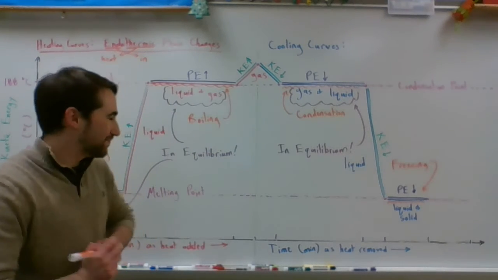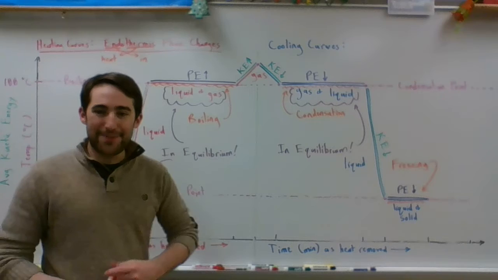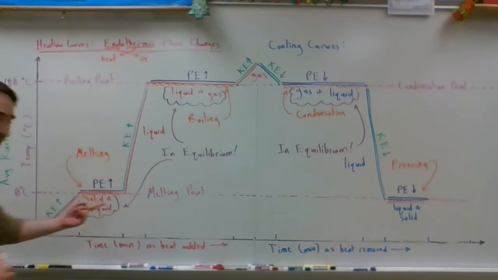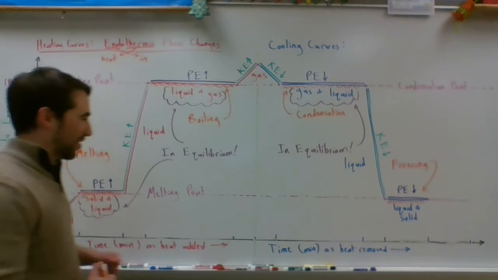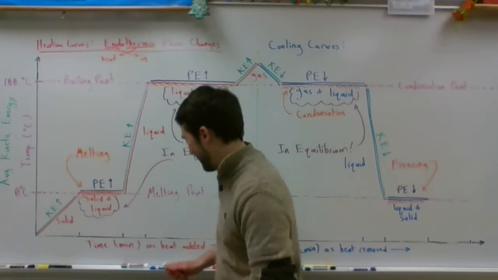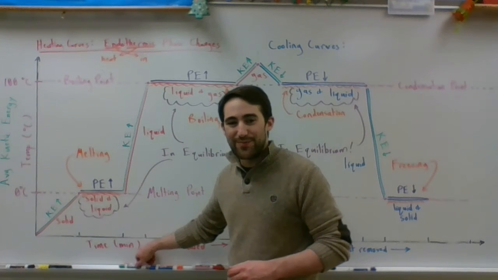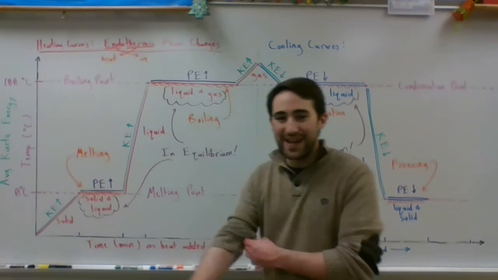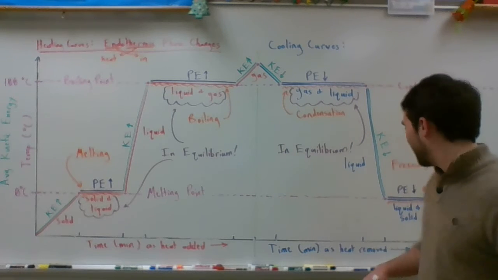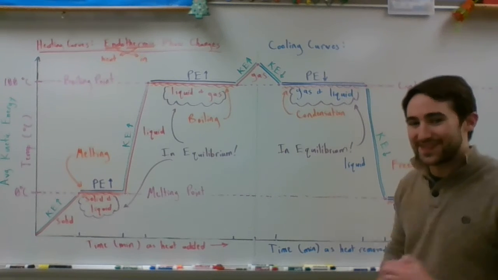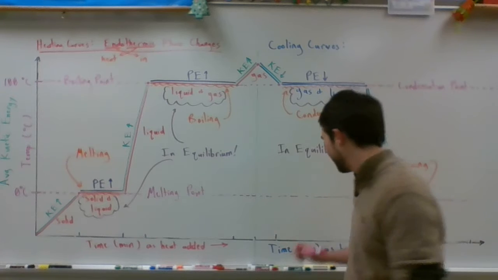Right. Again, freezing happens at the same temperature as melting, just going in the other direction. So we could say this happens at the melting point, but it bothers some people. So we can rename this to be the freezing point since we are going through the process of freezing at this temperature. But it's the same temperature.